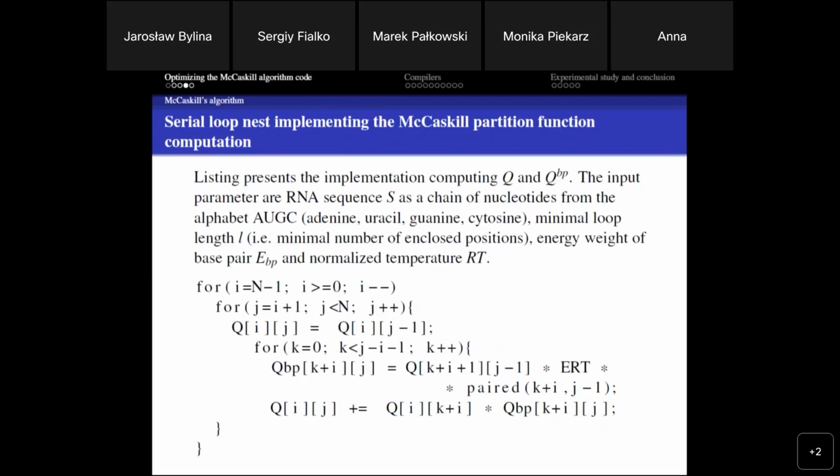An RNA sequence is a chain of nucleotides, which are letters from the alphabet A, U, G, and C. And the main computation, as you see, is forming these two arrays, which are two-dimensional. The computation is three-dimensional, so there is a lot of chance to meet the same cell of these arrays again and to make these computations cache efficient.